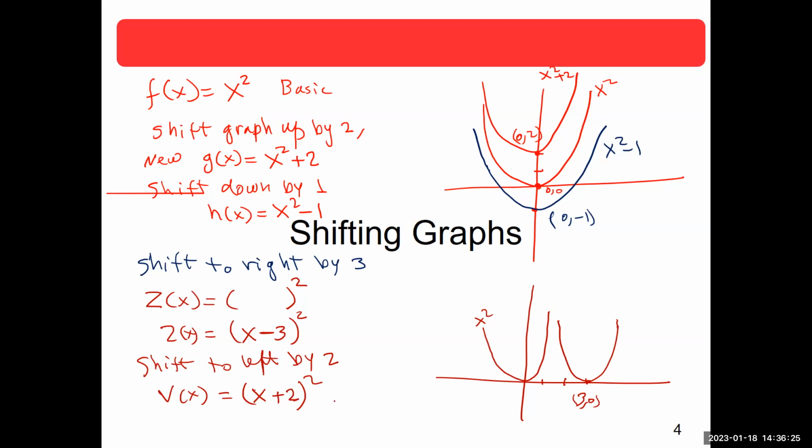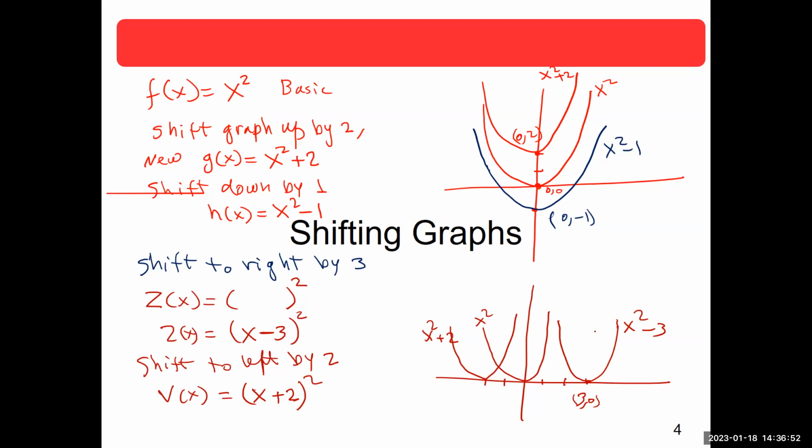That's going left. So if I say here 1 and 2, that's a new location. So this one here is (x plus 2) squared. This is (x minus 3) squared. So now we shifted up and down. We shifted left and right.